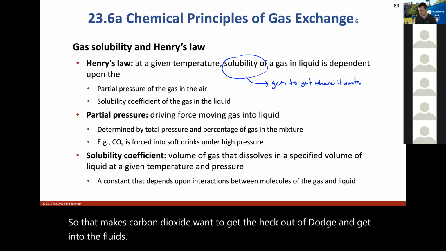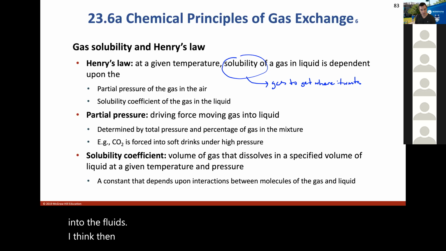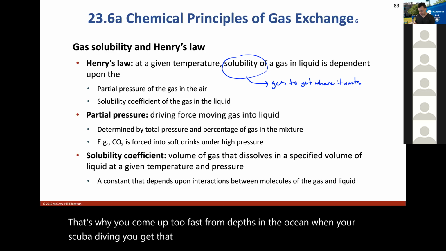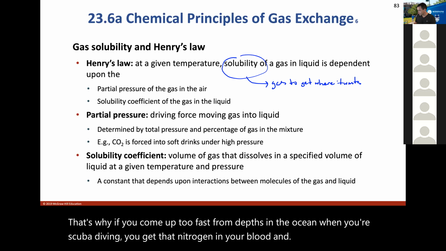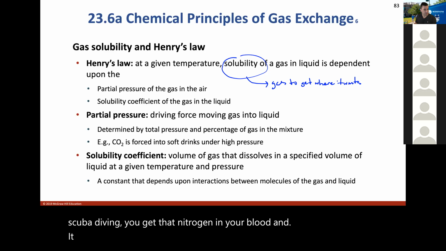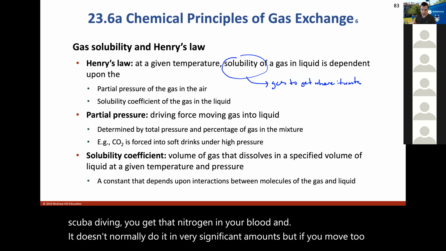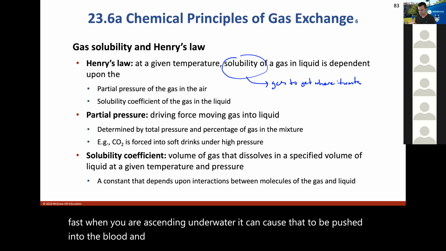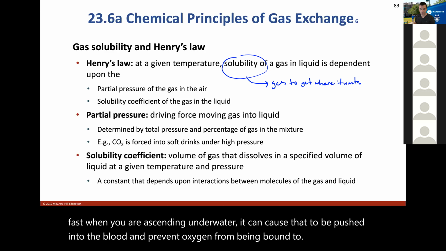Nitrogen is also soluble in water. That's why if you come up too fast from depths in the ocean when you're scuba diving, you get nitrogen in your blood. It doesn't normally do it in very significant amounts, but if you ascend too fast underwater, it can be pushed into the blood and prevent oxygen from being bound to the red blood cells as well.